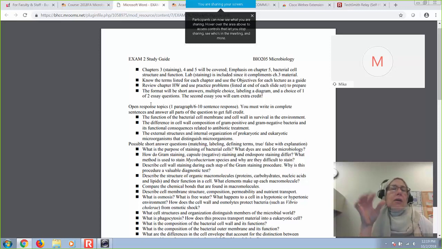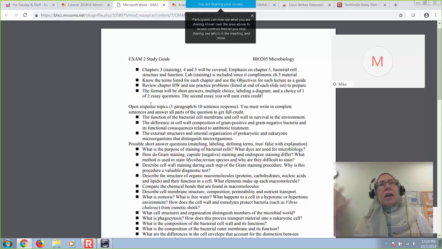Chapter 5, and the part of chapter 5 that I'm emphasizing is the bacterial structure and function. So there's some overlap in chapters 4 and 5 as far as the functional part. Chapter 4 goes over how a semi-permeable membrane, like the cell membrane, works.